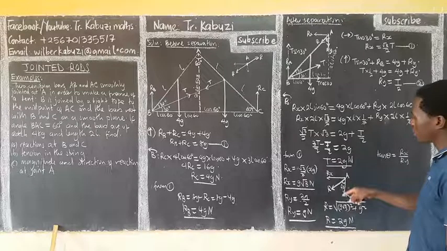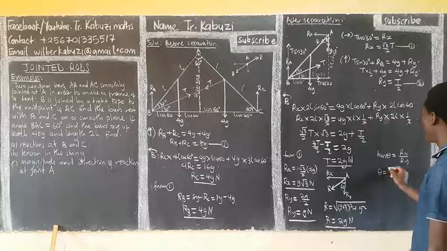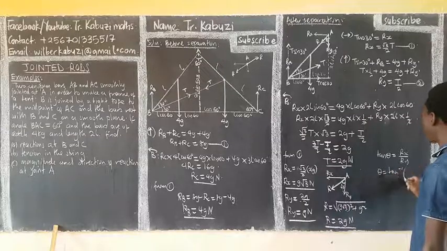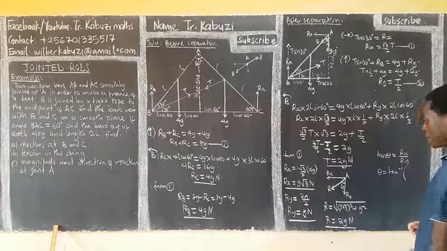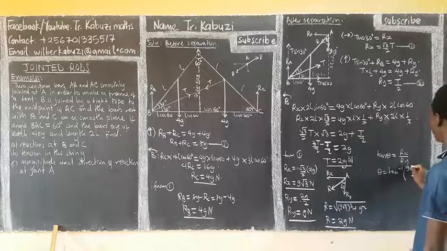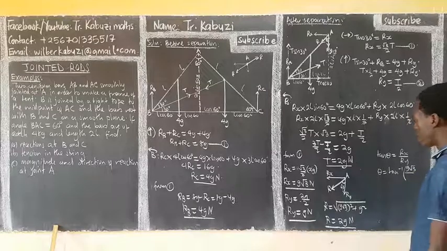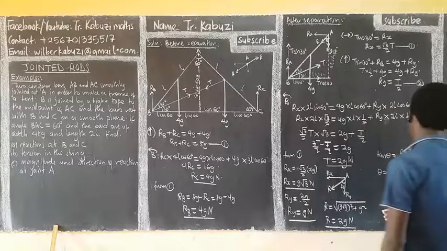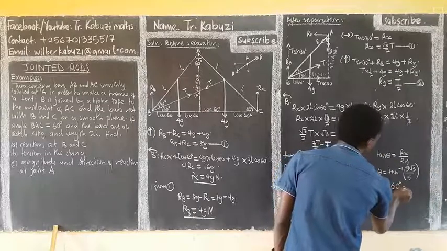I'm setting it to the vertical, horizontal downward. So my theta is going to be tan inverse of Rx. Rx is g root 3 over Ry, which is g. And from there, I can say my theta is going to be 60 degrees.